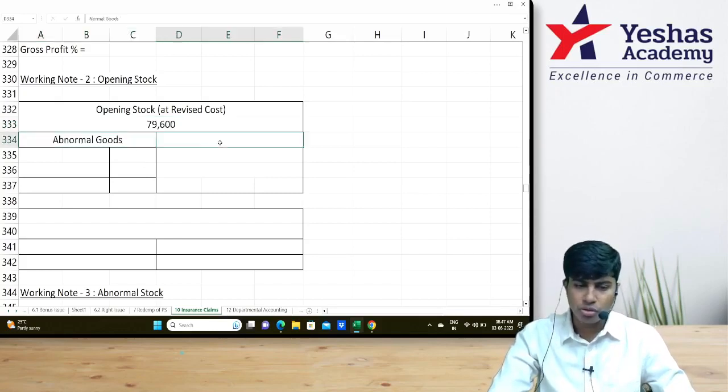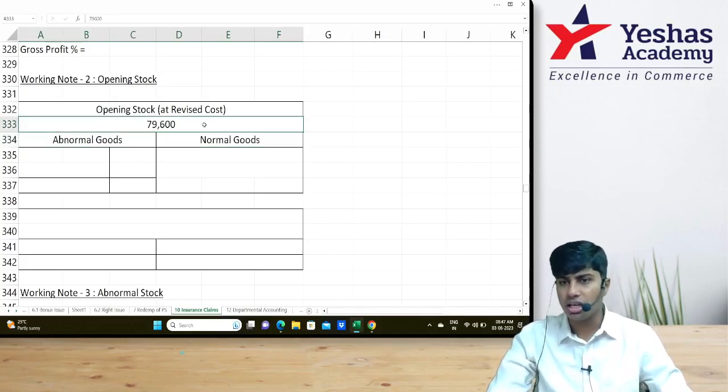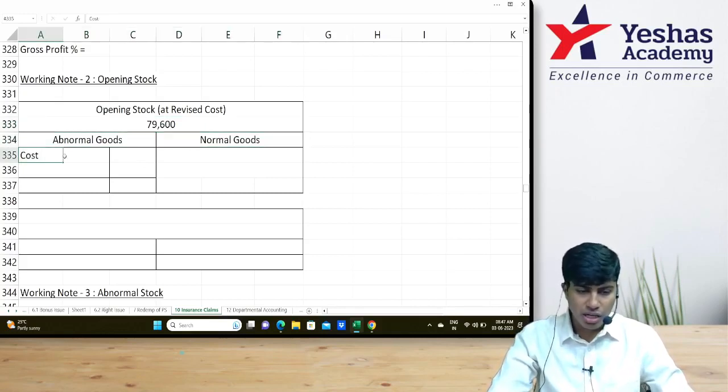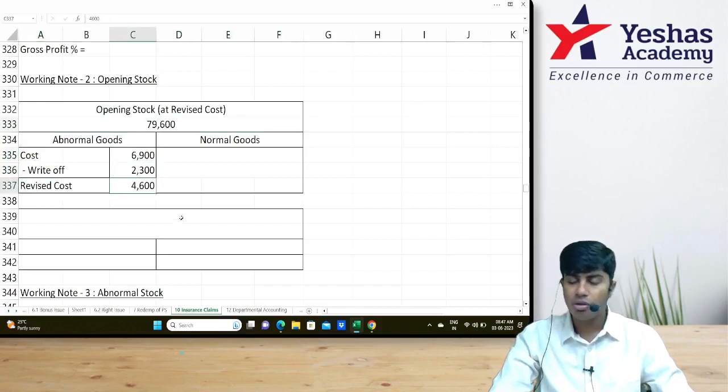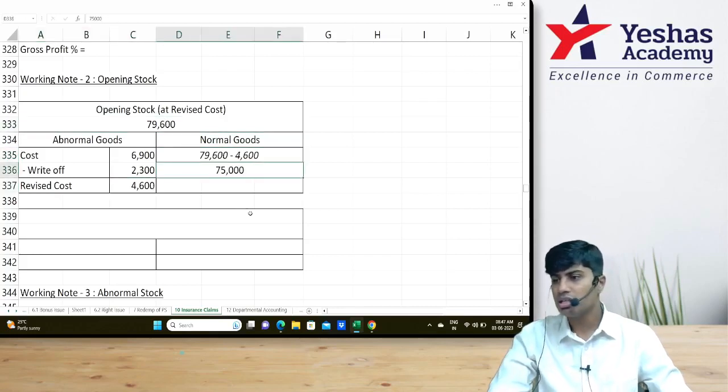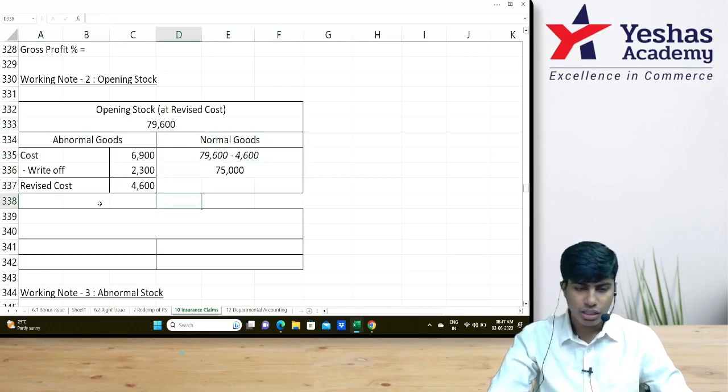So there are abnormal goods as well as normal goods. Abnormal goods included in this is that differential value. Let me say cost of these goods is 6,900, and then write-off is 2,300. So value included in 79,600 is 4,600. Normal goods will be 79,600 minus 4,600, that is 75,000. Are you getting it? That's it.